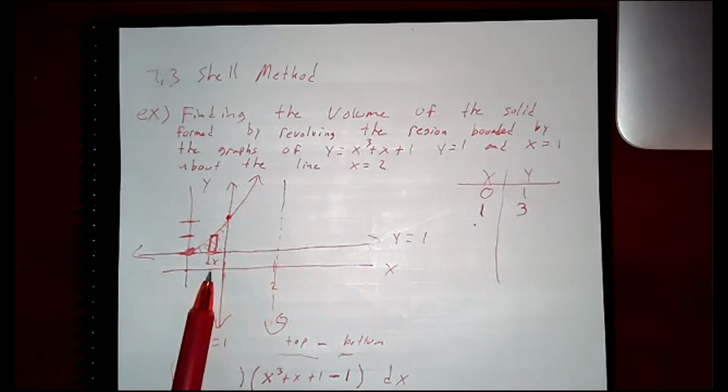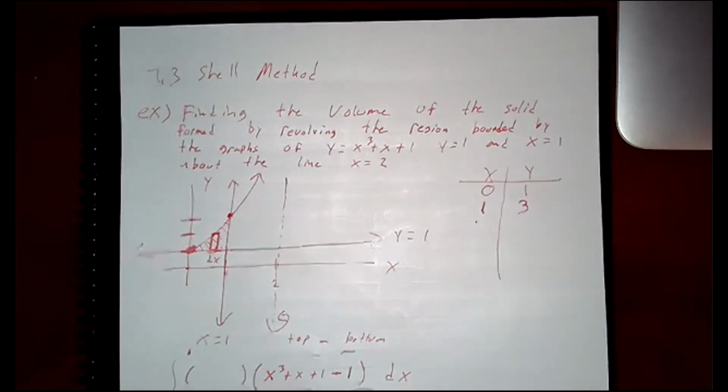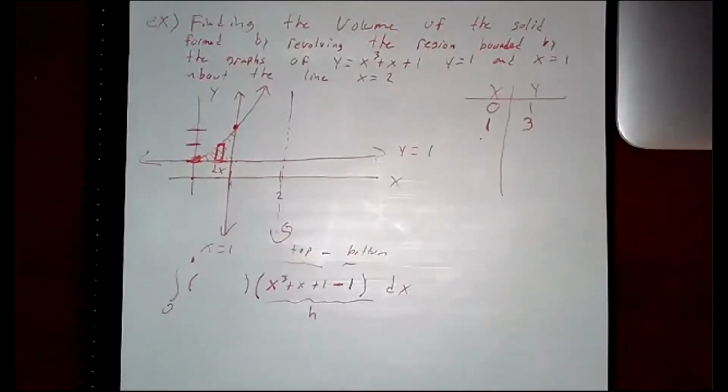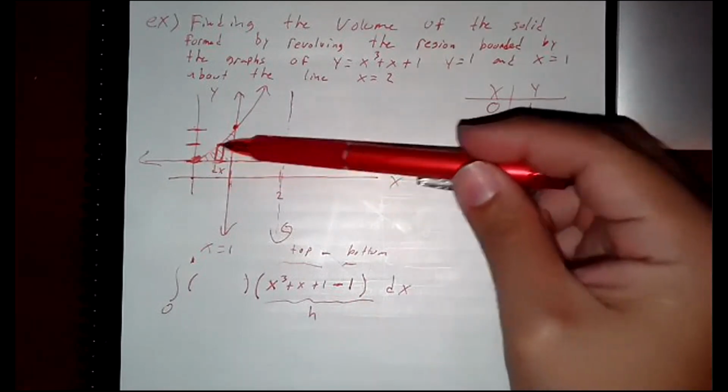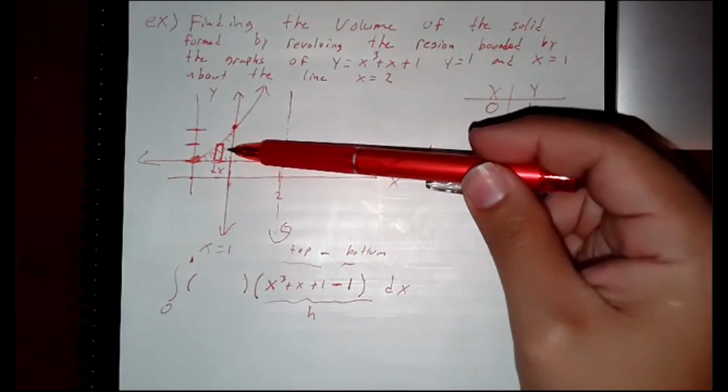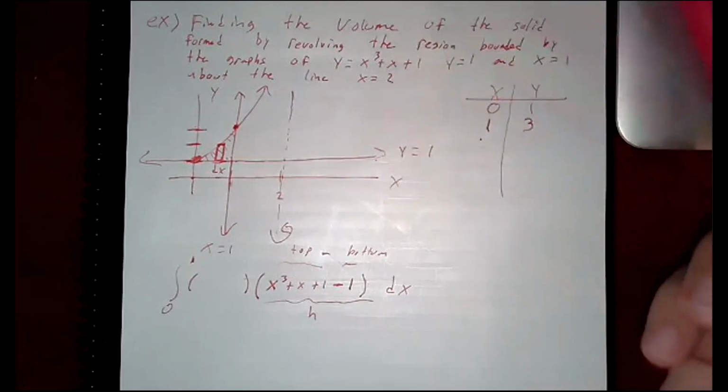Because I'm not on the axis. So I'm up here. So it's always top minus bottom, but sometimes it's 0, so we don't have to worry about it. A lot of the examples we did before, this was 0. But now it's not, because my region is floating above the x-axis, right? See what I mean?